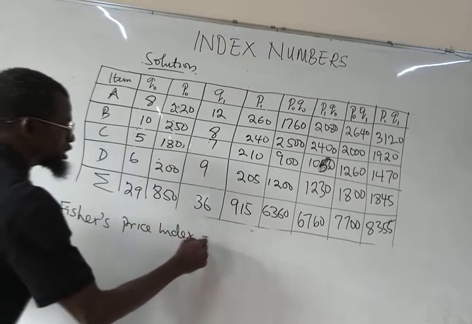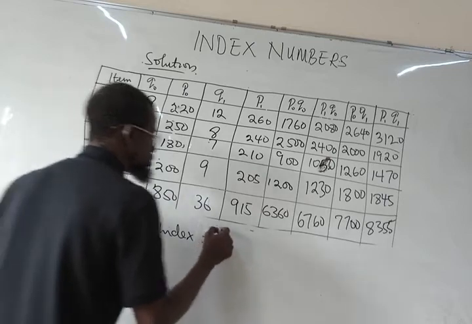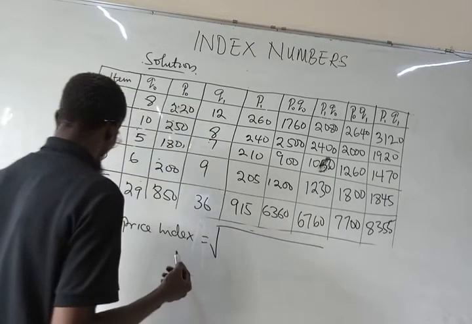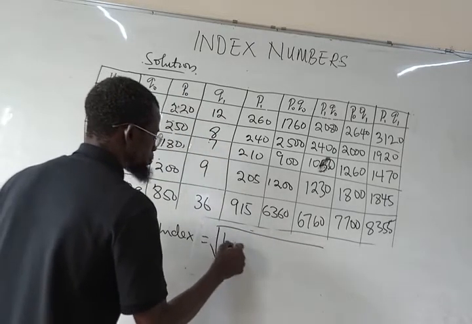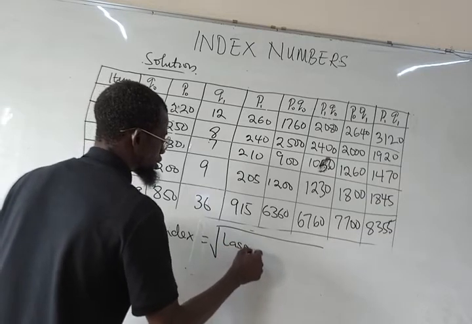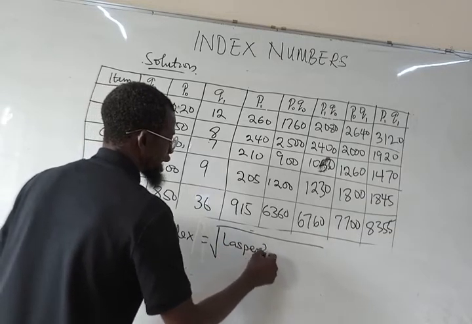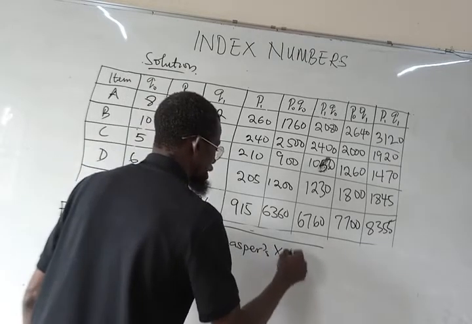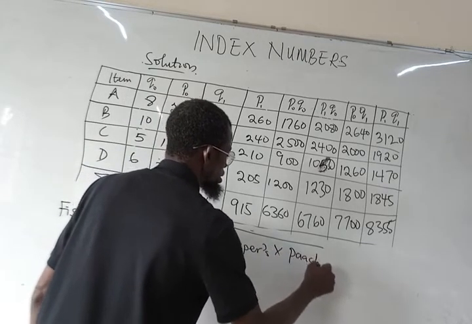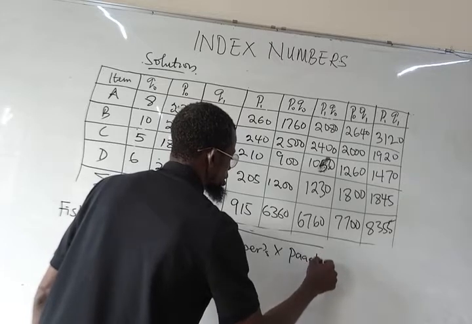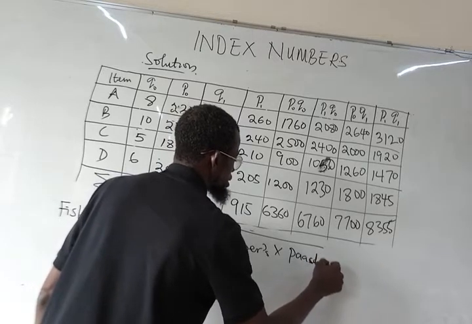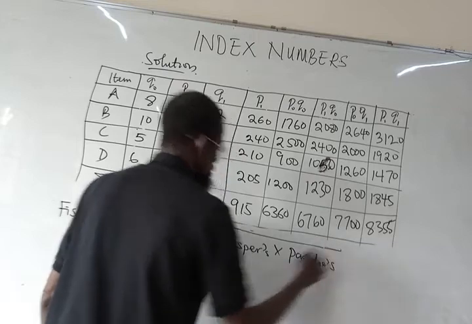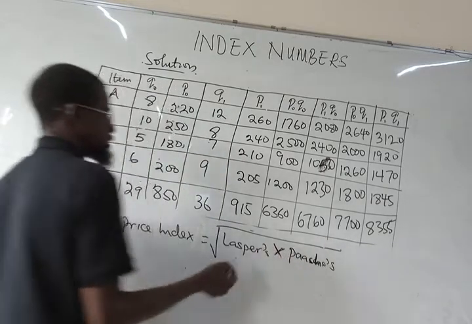Fisher's price index is equal to the square root of Laspeyres times that of Paasche.